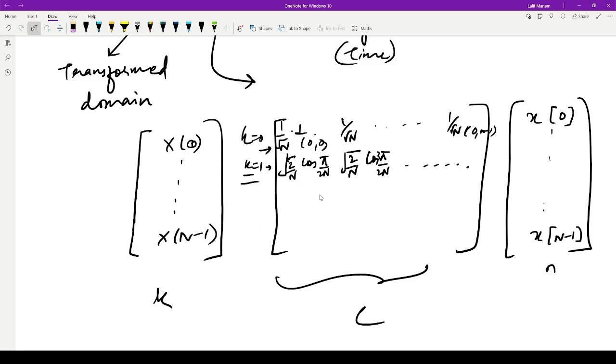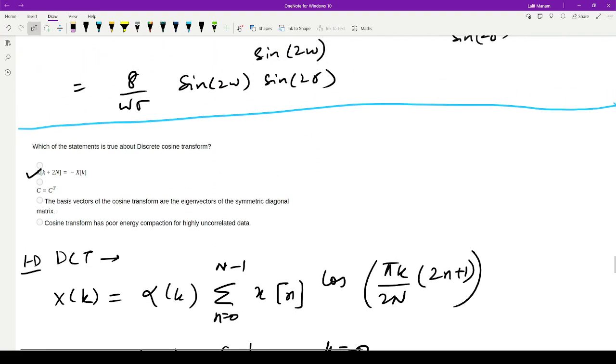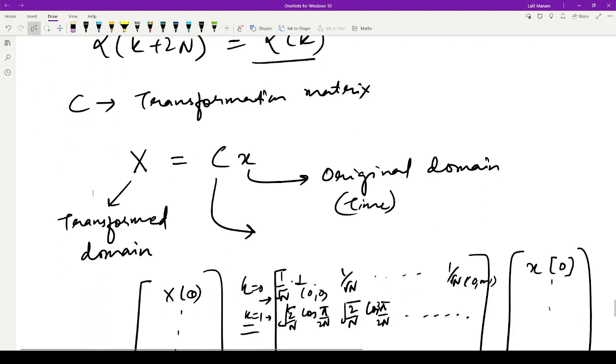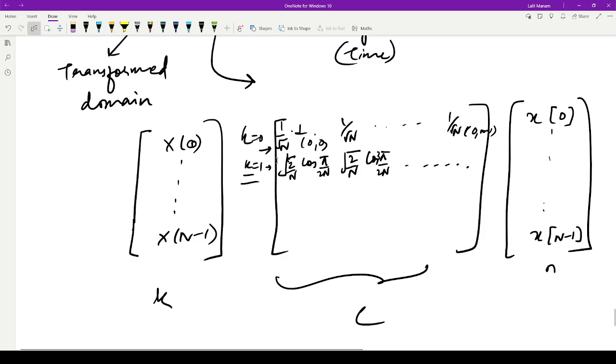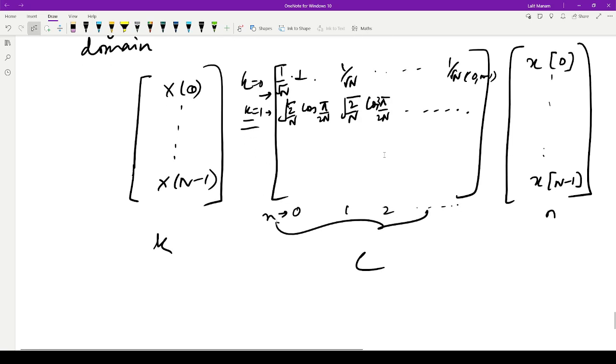Can you see, is it symmetric? Is this matrix C symmetric? That's what is the question, right? Not symmetric. Here value of n is 0, 1, n values like this, k values like this. So yeah, it is not symmetric. So C is not equals to C transpose.